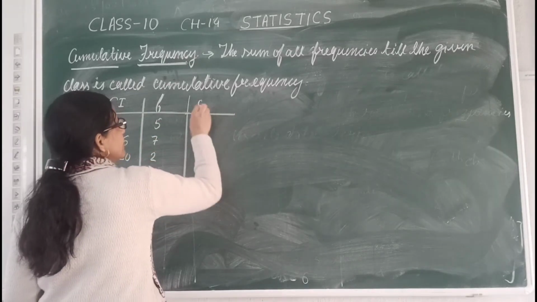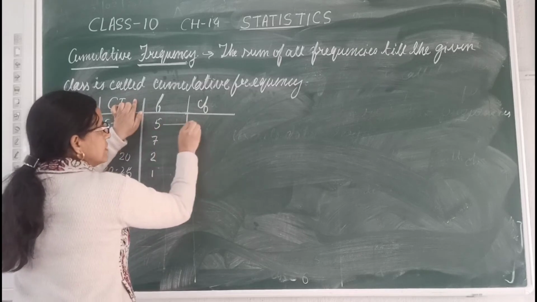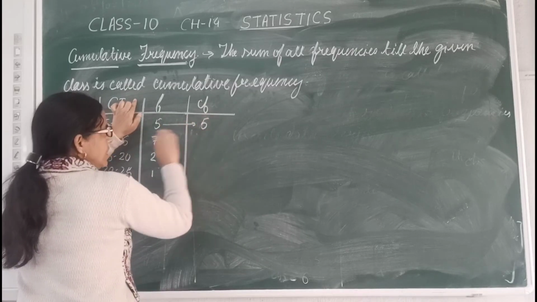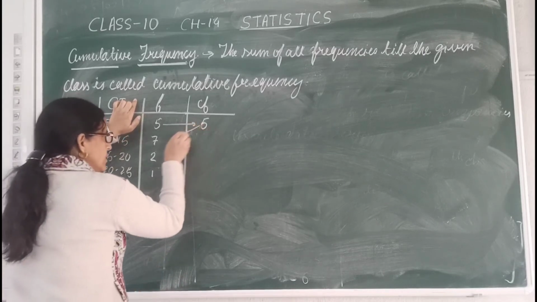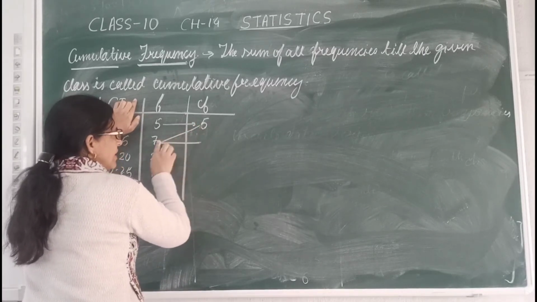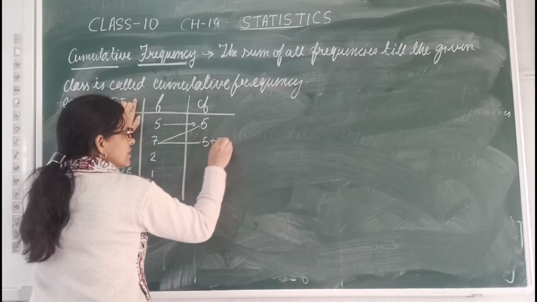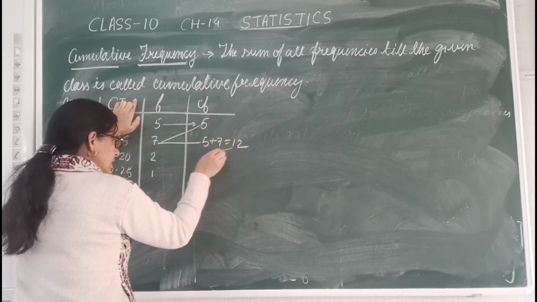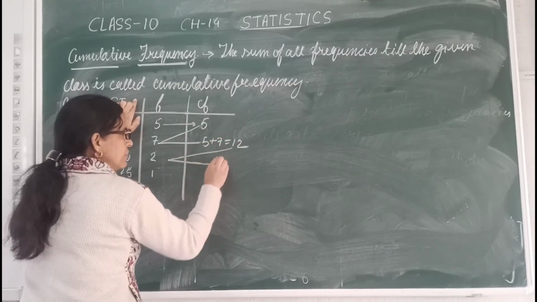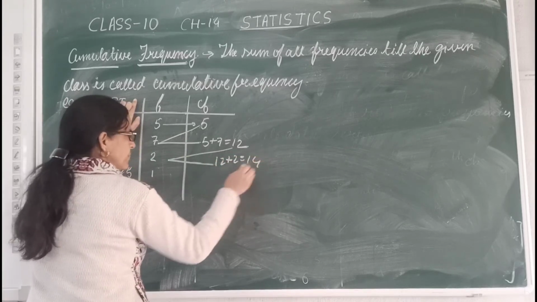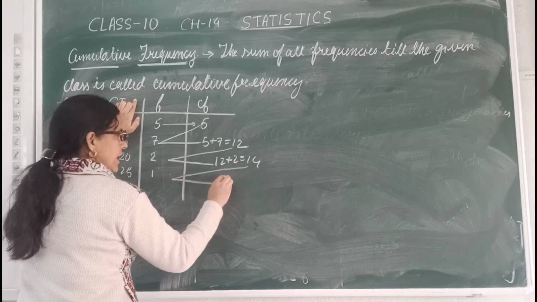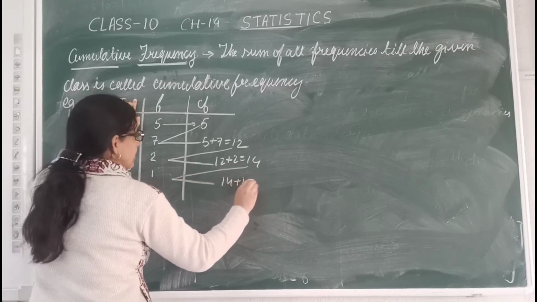Then the cumulative frequency will be 5 here, because till this the total frequency is 5 only. After this we add 5 plus 7, that is 12, and again 12 plus 2 gives the next cumulative frequency, 14. Again the next one, adding 14 plus 1, that is 15.